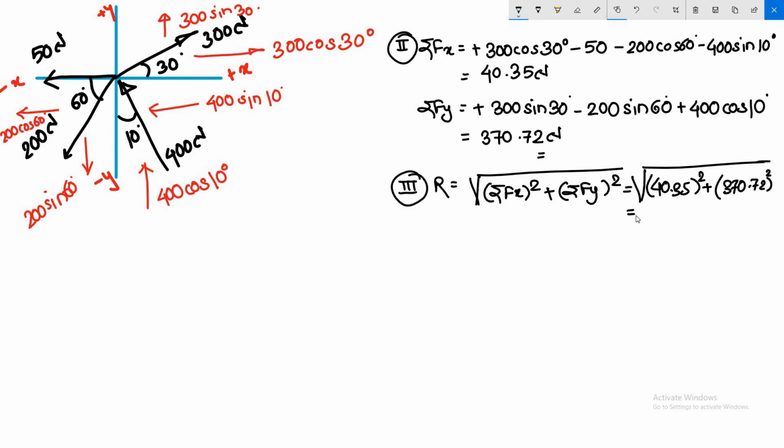Again, use the calculator, input this, and we get 372.90 Newton. This is the value of R.